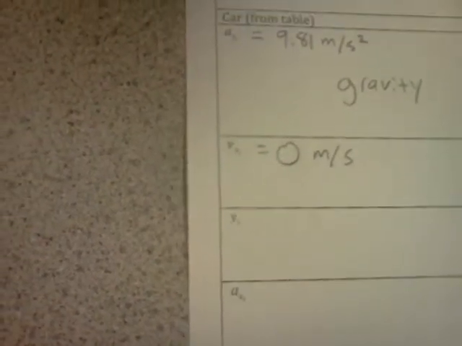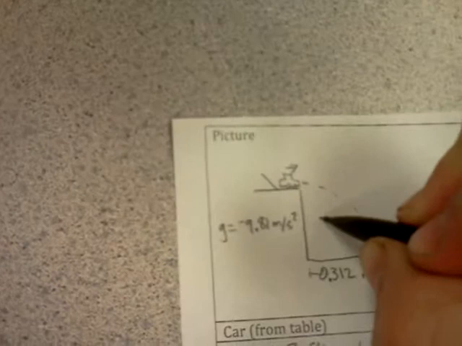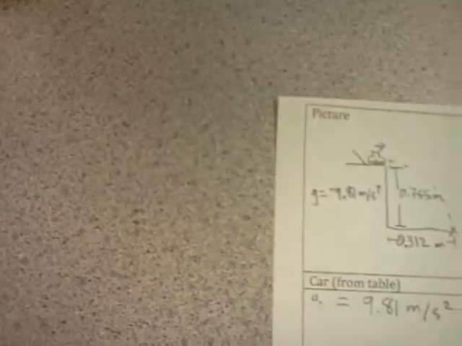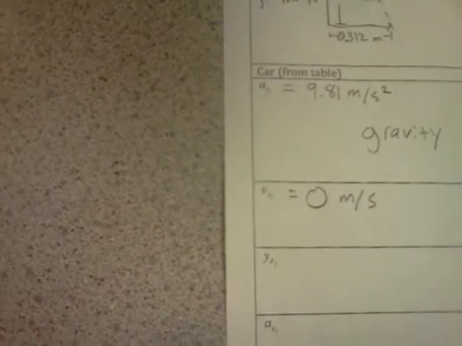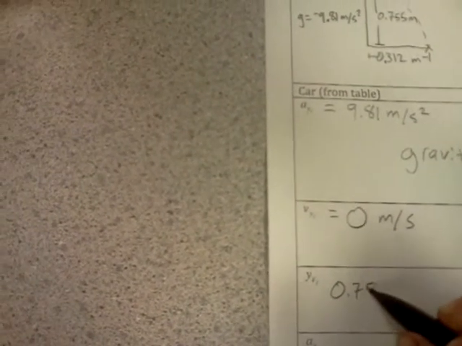Also from our setup, we know what our initial Y position is. My initial Y position is how tall my table is, and in this case, my table is 75.5 centimeters, so 0.755 meters. It's important to be as accurate as possible because we're going to try to make a collision happen, so we need to be as precise as possible. So in this case, my Y initial is 0.755 meters.